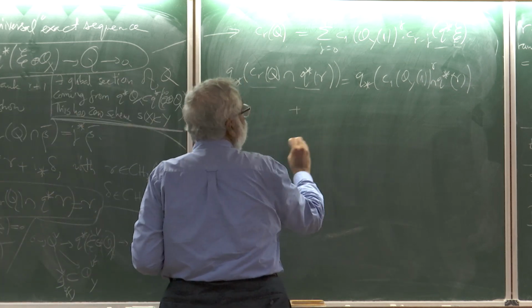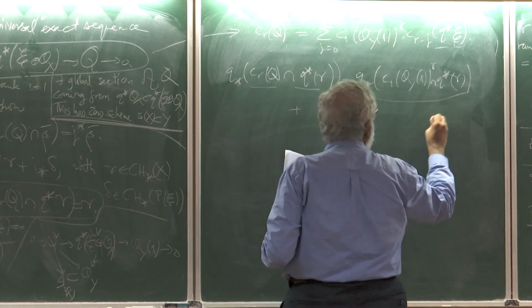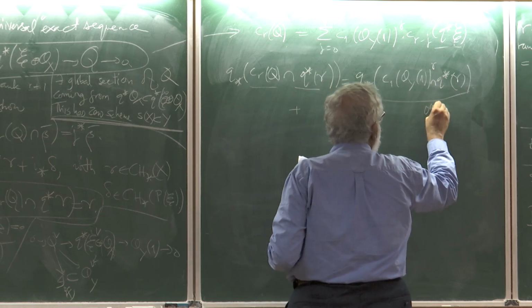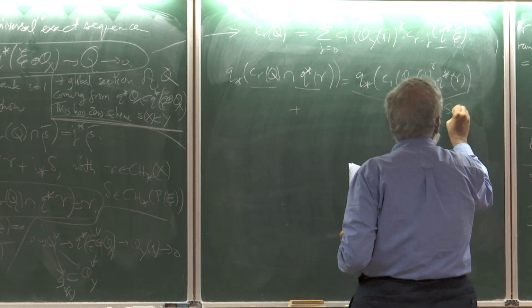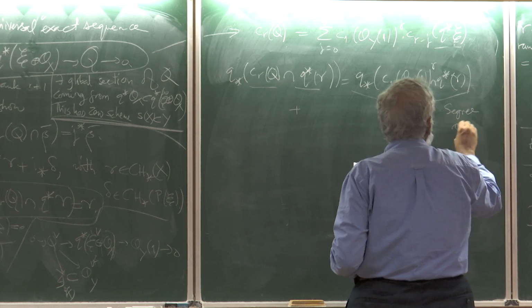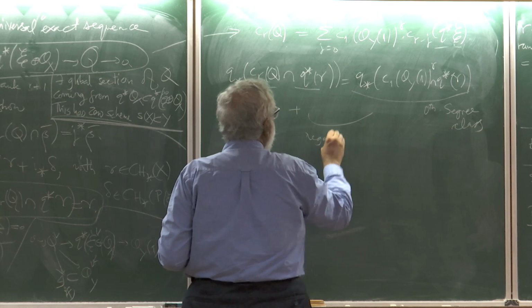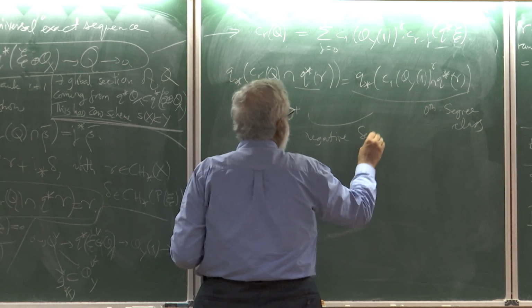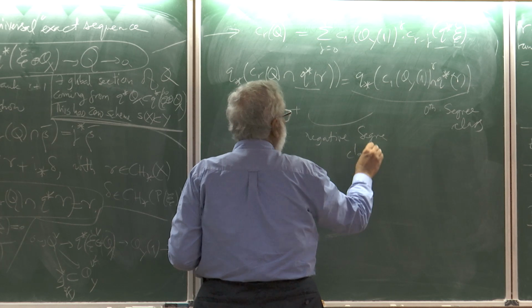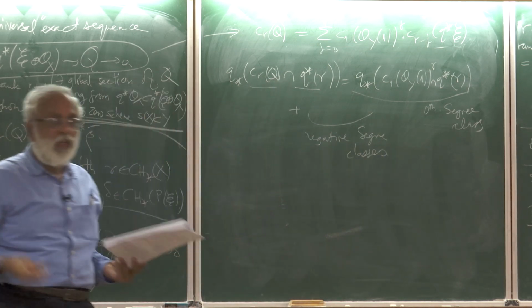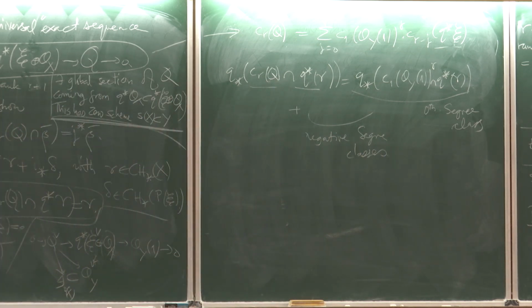Plus some other terms. But if you think about it, this is the 0th Segre class. And these are the negative Segre classes. Those were the Segre classes. You take the O1, take powers of it, apply it to Q upper star or something, and then take Q lower star again.